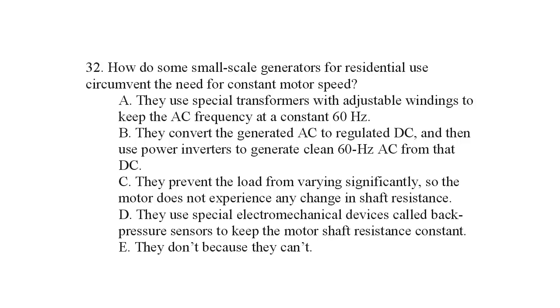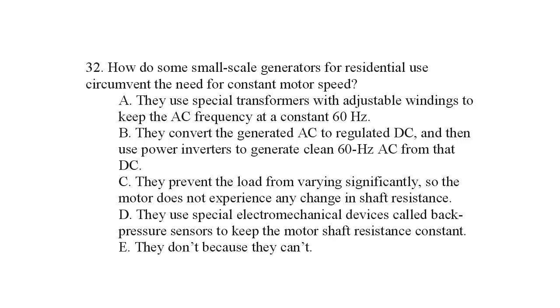Well, keep in mind, in general, we have 60 hertz, or 60 cycles per second, of AC in the United States, 50 hertz in some other parts of the world.